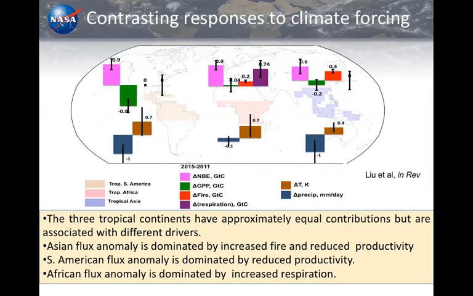Conversely, if you look on the other side in Indonesia, you're seeing a change driven primarily by fires. Indeed, it was those fires that shut down a lot of airports and led to a lot of aerosol loading in that region. And then finally, in Africa, you're seeing that it's driven primarily by respiration. Three continents, three reasons for why the carbon changed the way it did.